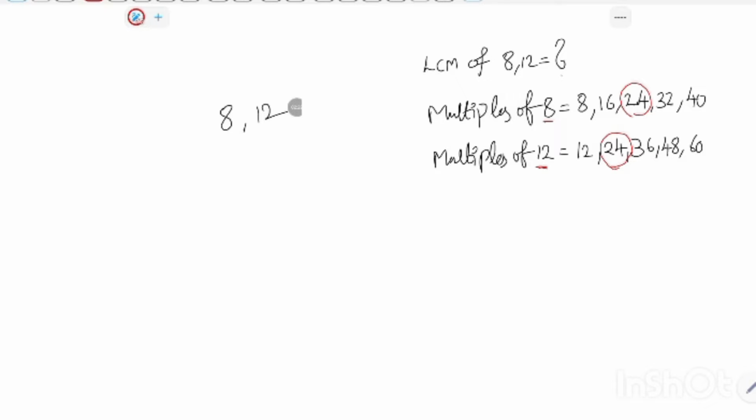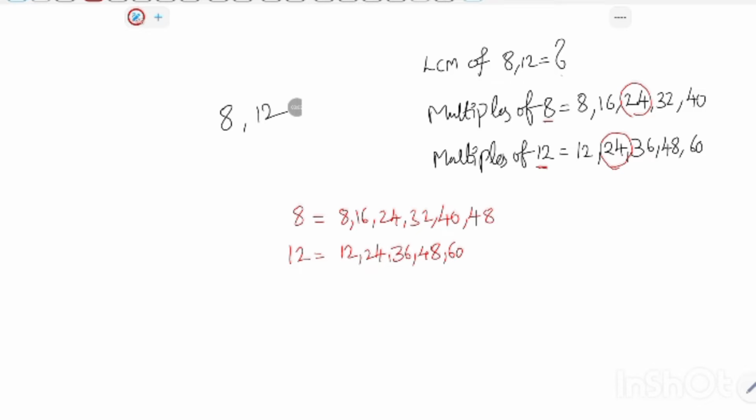For example, if I extend the multiples of 8, let me write again 8, 16, 24, 32, 40 and 48. I am writing six multiples. Next, for 12, again six multiples: 12, 24, 36, 48, 60.